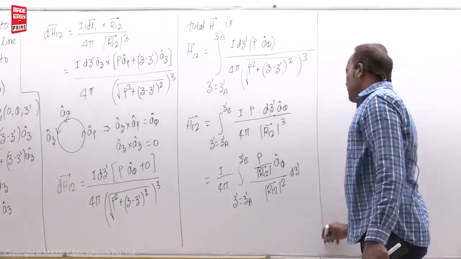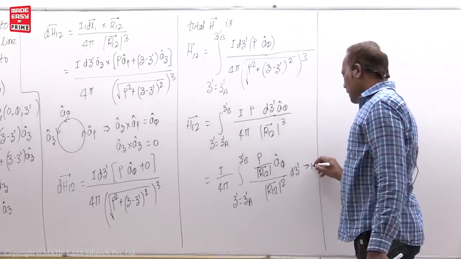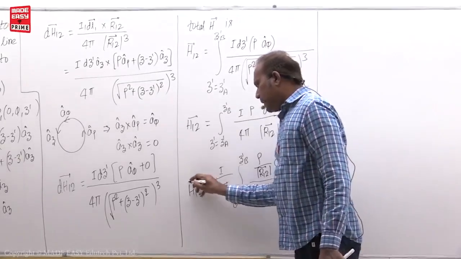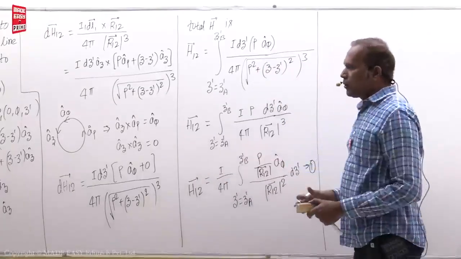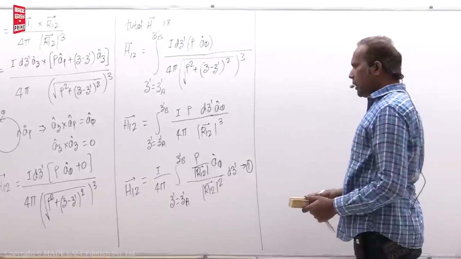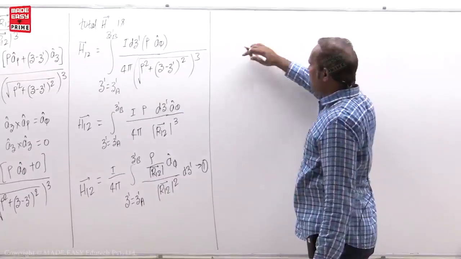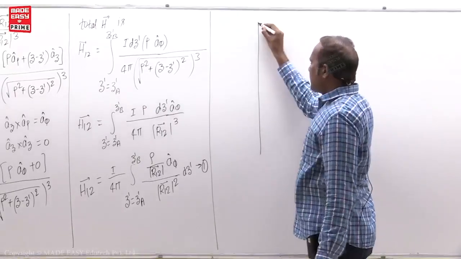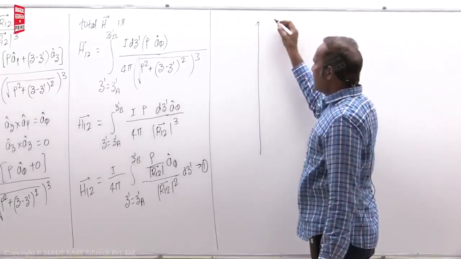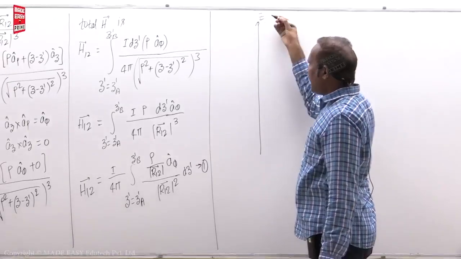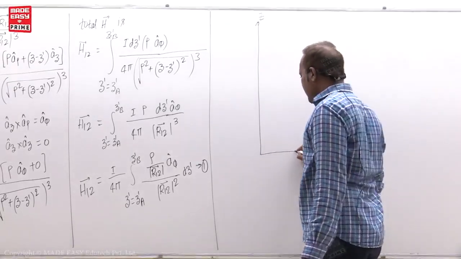So now we will write this equation 1 in angle terms. For that we have to redraw the first diagram. I will redraw it here. So here, let us take this as the z axis, capital Z means z axis.